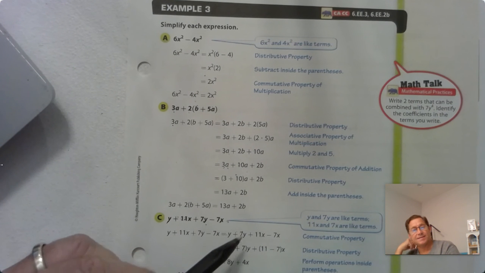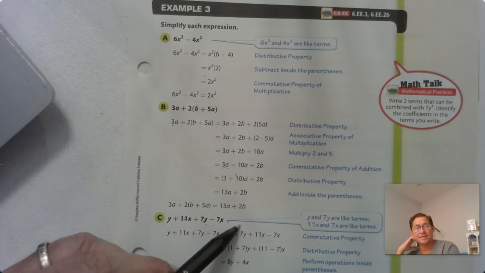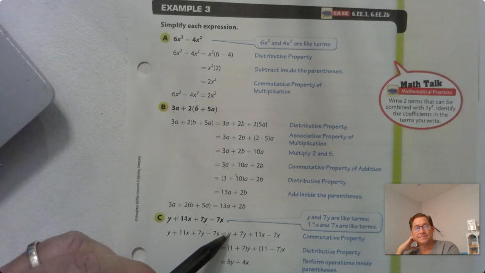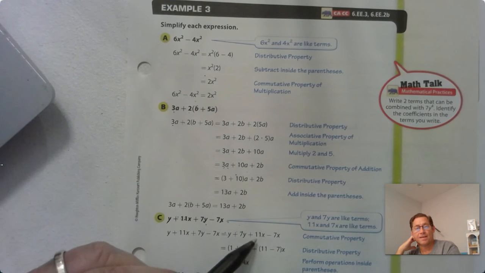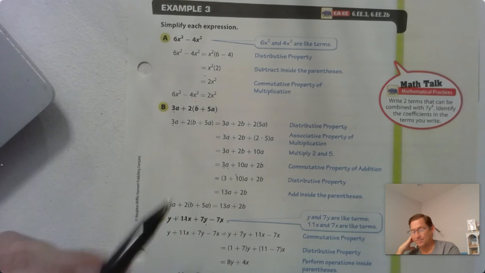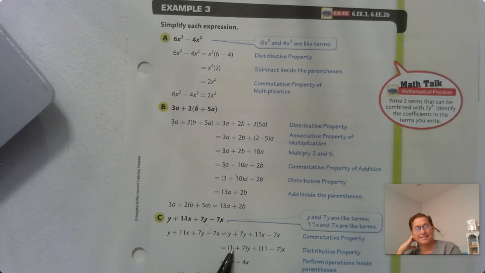Y plus 7y is the same as 1 plus 7 times y. Remember, there's a 1 in front of the y. Plus 11x minus 7x is the same as 11 minus 7 times x. So we'll wind up with 8y plus 4x.